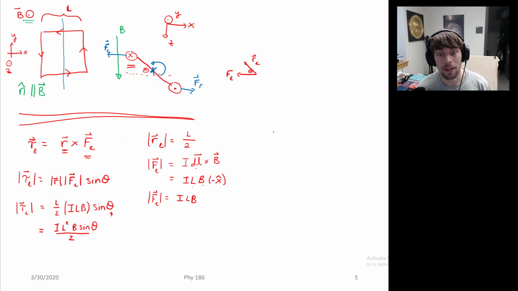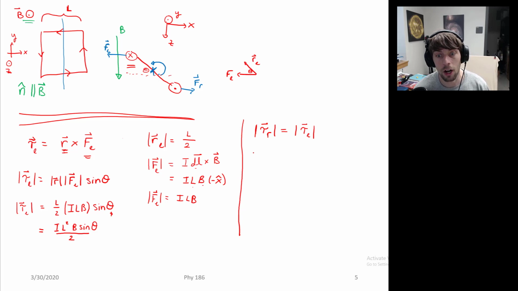But wait, there's more. Let me ask you this. Go ahead, take a minute, see if you can work through it. What's the magnitude of the torque acting on the right piece of wire? Good. You probably already see it. It is the exact same as the magnitude acting on the left piece.